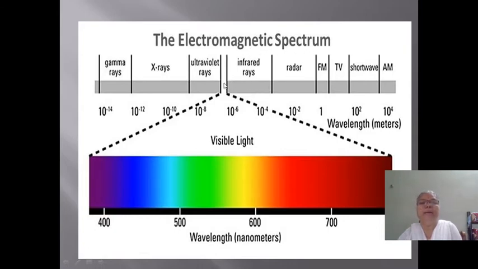And here there is visible light, and the range of visible light is between 400 nanometers to 700 nanometers, and it consists of particular colors for particular wavelengths, just like a rainbow.